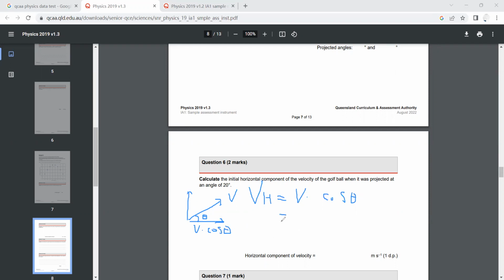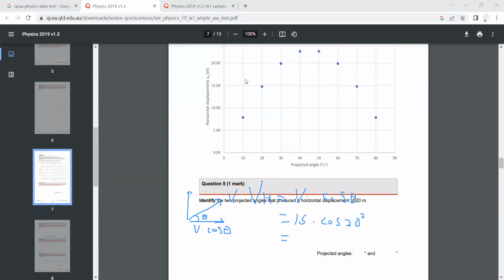So put the numbers in: v is 15, theta is 20, and we should have the result. The result should be a little bit smaller than 15, as you can see from this graph.